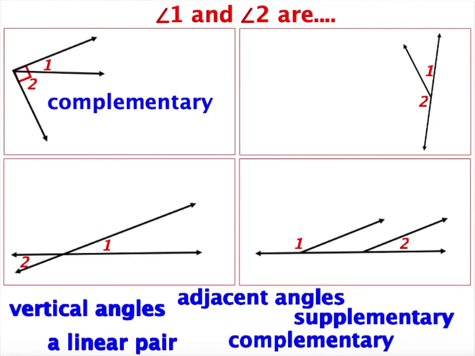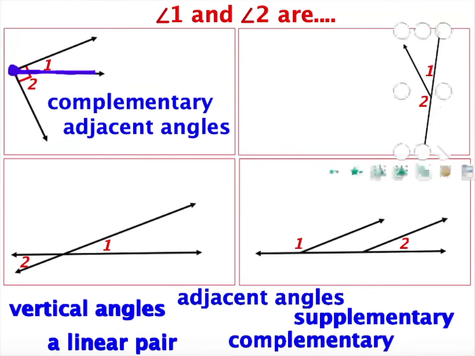Are they adjacent? Do they share a vertex? Yes. And do they share a side? Yes. And so those would also be adjacent angles. The next example right here, we've got angle 1 and angle 2. That's a linear pair, isn't it? Remember, a linear pair is when we have two angles forming a straight line and they're sharing that side and vertex.